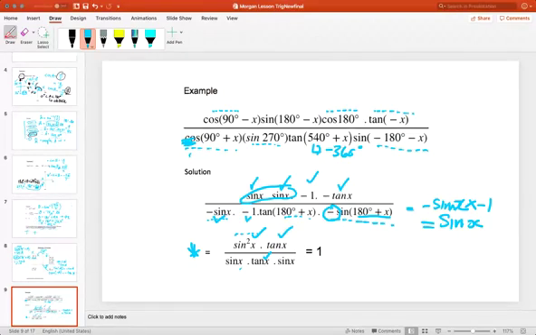Then we've got a negative times a negative, which will give me a positive sine x, and tan x, and then sine x from here, like we showed you just now. And now we say that this sine and this sine cancel with sine squared x. Tan x cancels with tan x. So essentially what we have said is the same divided by the same, which always gives us 1.